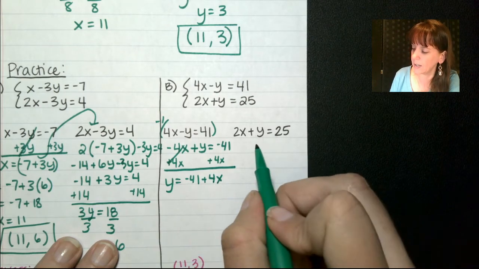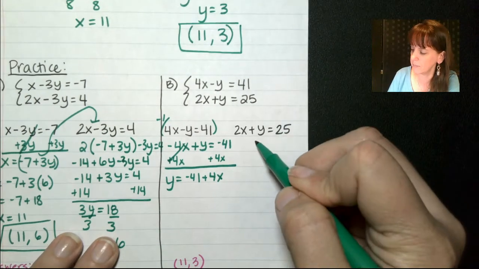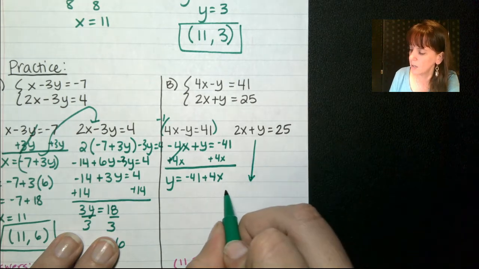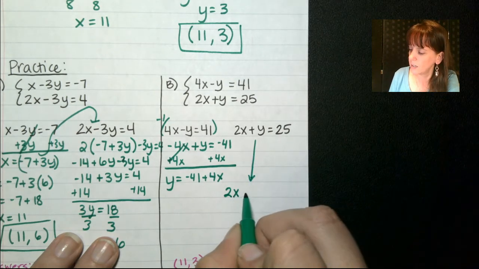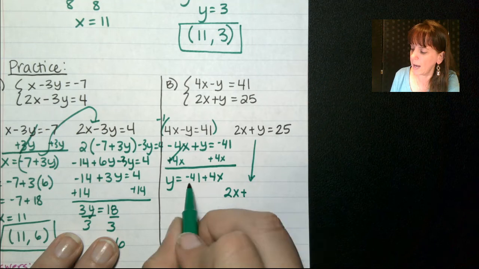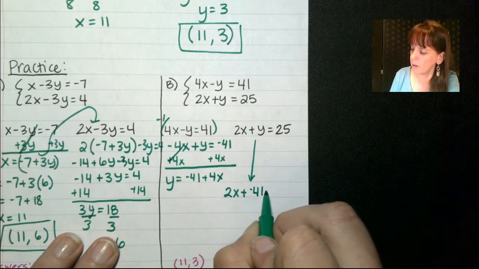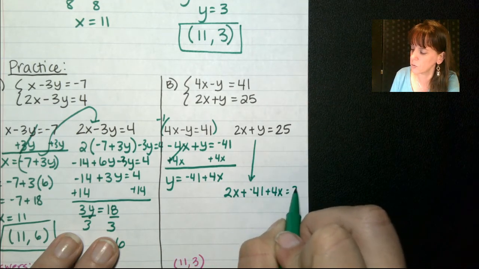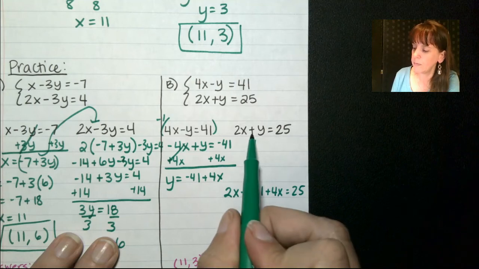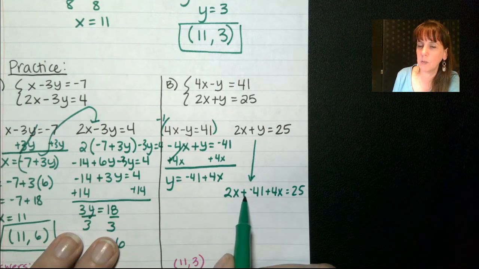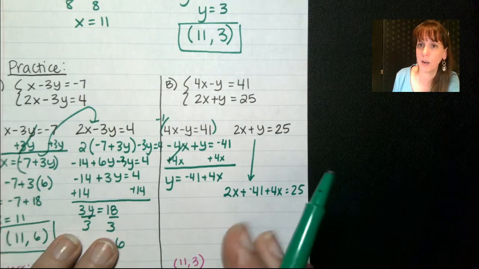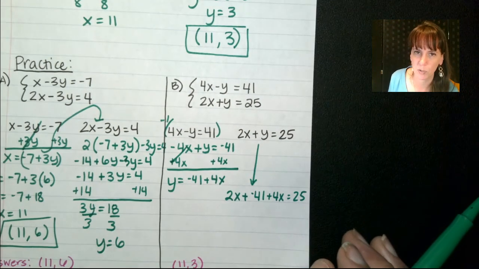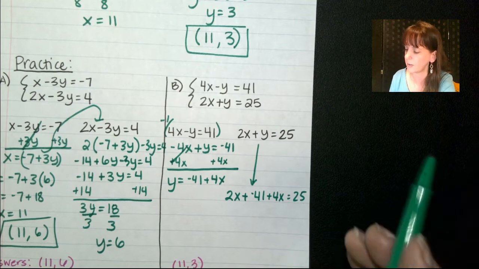Okay, I'm going to move this down a little bit so that we have some room to write. So 2x plus, and instead of y, I'm putting in this, negative 41 plus 4x equals 25. If this was a minus, you would definitely want to use a parenthesis here, but because it's a plus, all I'm going to be doing is distributing a positive 1, which doesn't change anything, so I'm going to leave it.